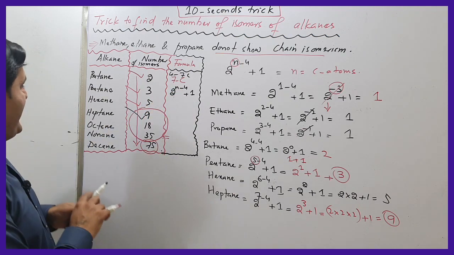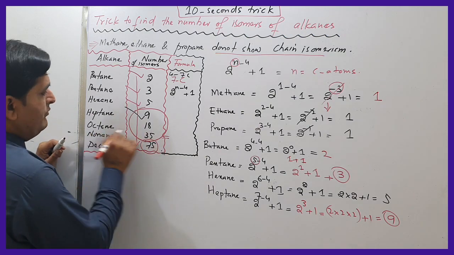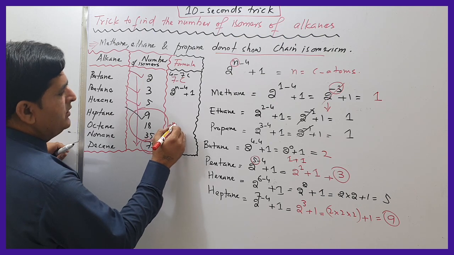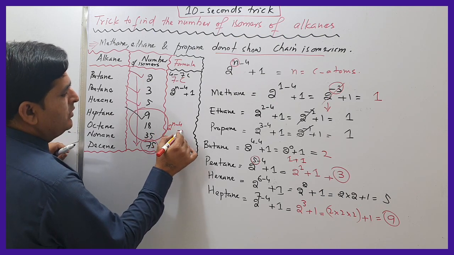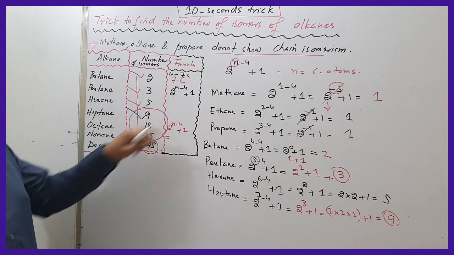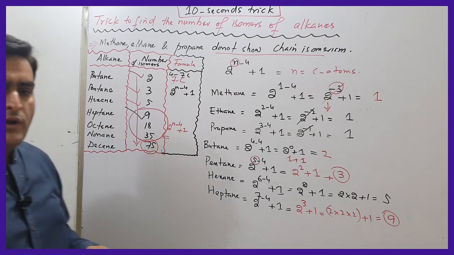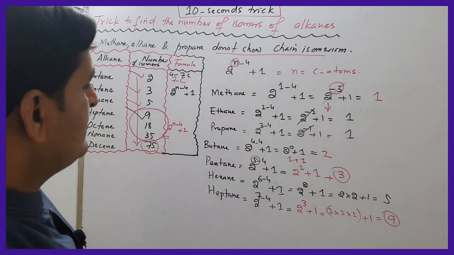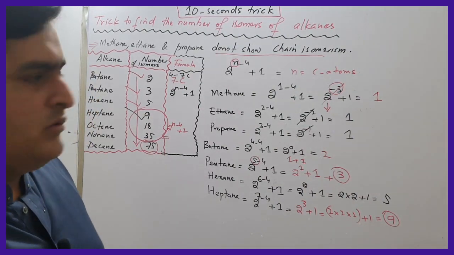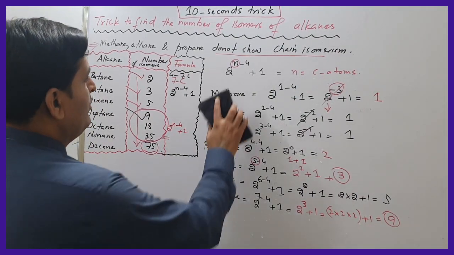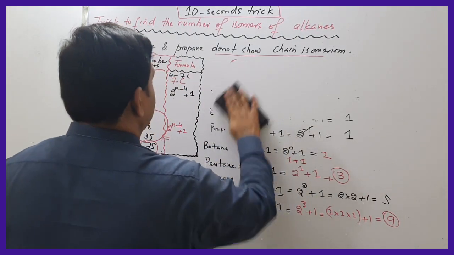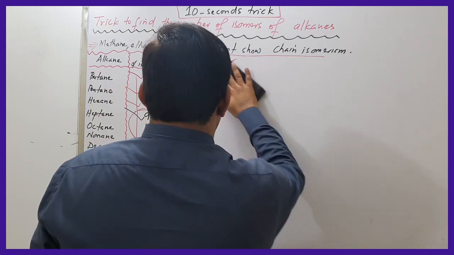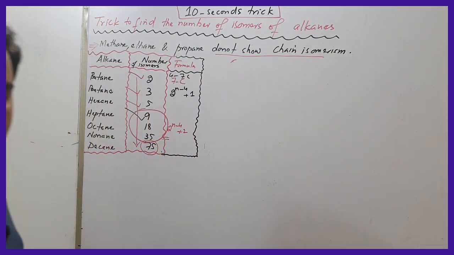For 8 carbon atoms, for octane, this formula is slightly modified as 2 power n minus 4 plus 2. So instead of writing plus 1, we have to write plus 2 from octane. So for octane, how will you find the number of isomers?